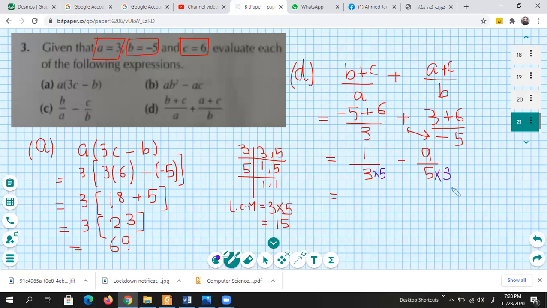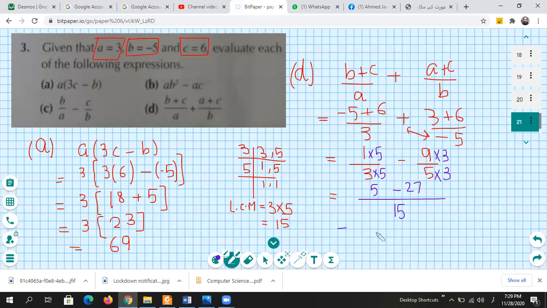So when you multiply the denominator with any particular number, we have to multiply the numerator as well in order to keep the equivalent fraction. Similarly, it will multiply by 5. So now we know that 3 5s are 15. So 15 is LCM, and 1 5s are 5, minus as it is, and 9 3s are 27.